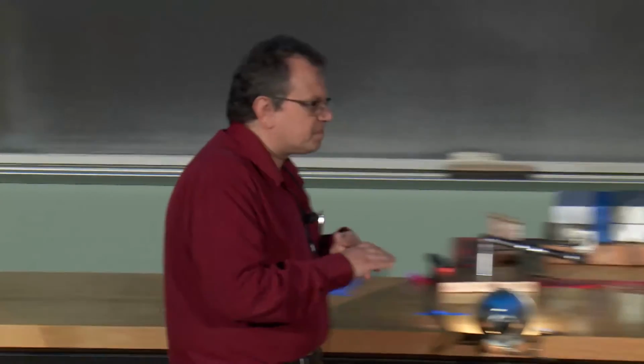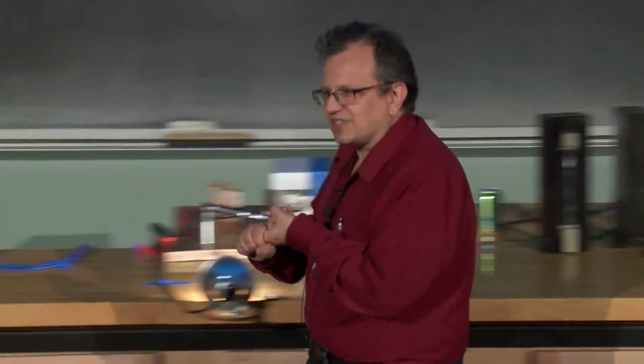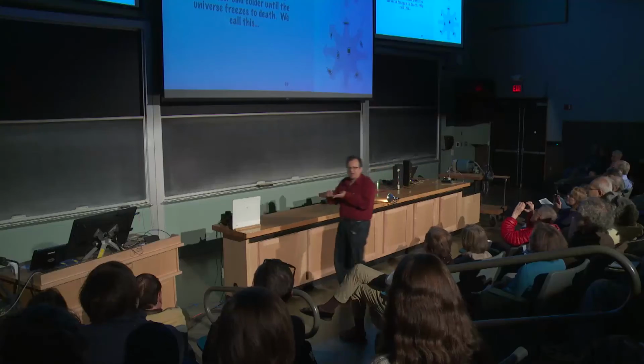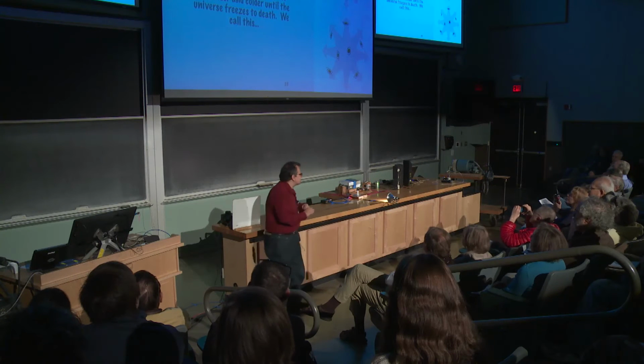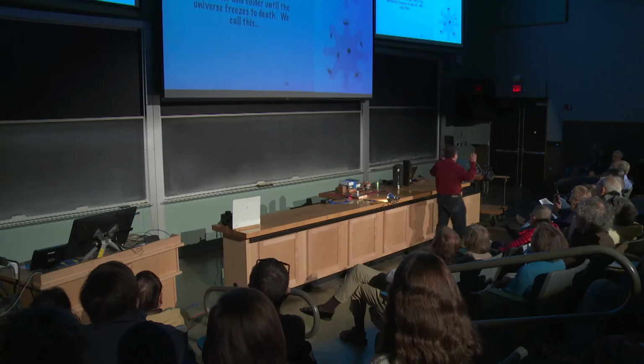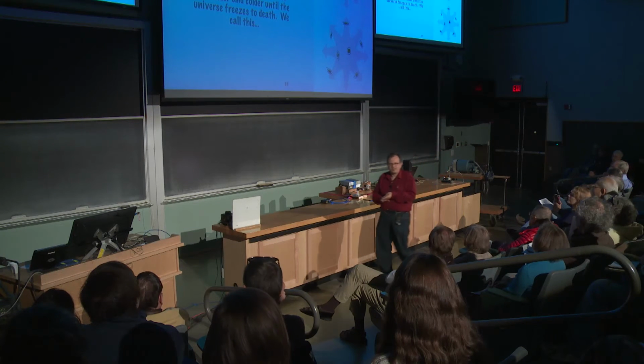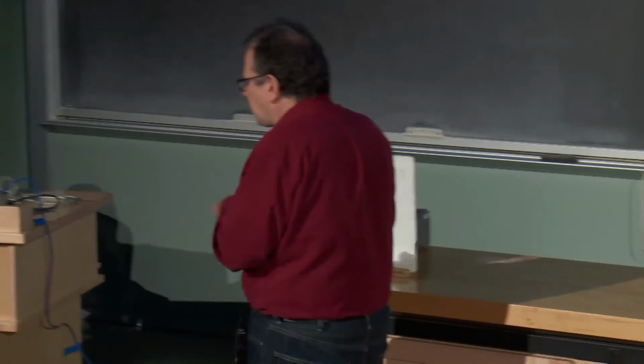The last thing was dead stuff: black dwarfs, neutron stars, and black holes. These things are just dead. They're not burning anything, not producing energy. And so eventually the universe will be filled with dead things.